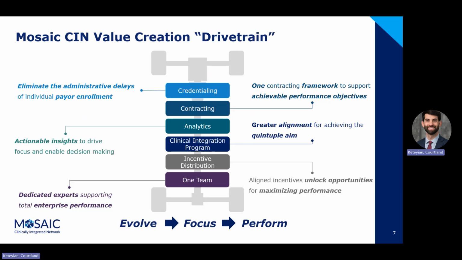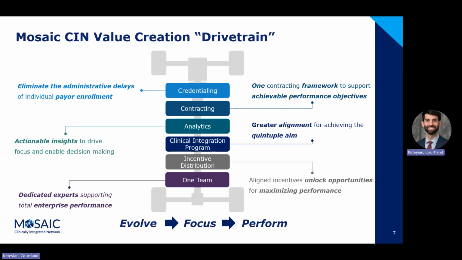The clinical integration program is having one program where we align our pay for performance and quality objectives across all contracts, which then flows directly into our incentive distribution, because clinical integration drives incentives, and then we have to distribute those incentives out to the members of our network. And finally, having one administrative team that supports these various functions across this pluralistic model.